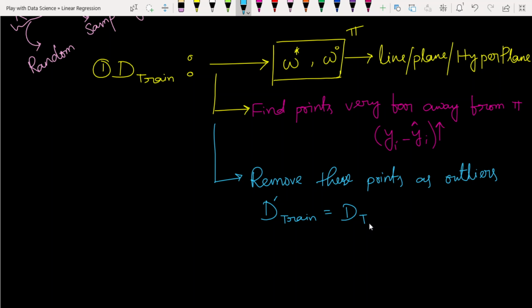This will be the main data minus our outliers.